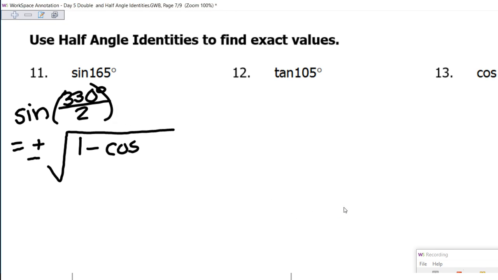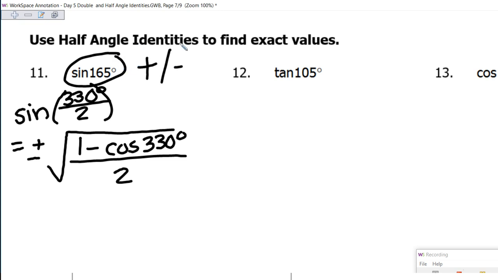And what's the value for A here? 330 degrees over 2. Now, again, you're only going to put the plus or minus in the first step. So from here on out, I have to figure out, is my answer positive or is my answer negative? Well, to figure that out, always look at your problem. So look at the original problem to figure out if it's positive or negative.